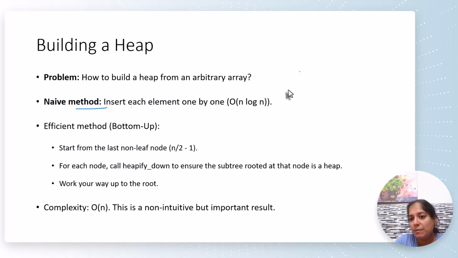The other one is to start from the last non-leaf node. For each node, call heapify down to ensure the subtree rooted at that node is a heap. Work your way up to the root. The naive method takes big O of n log n, but this method takes big O of n.